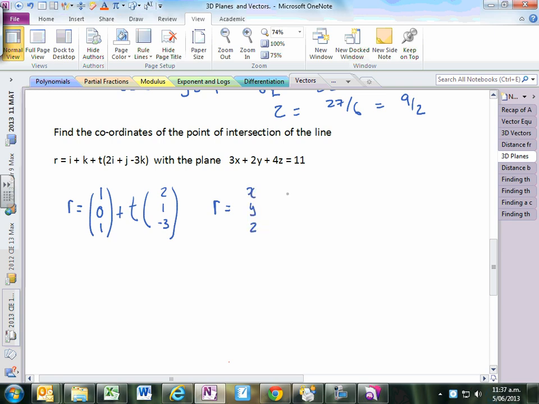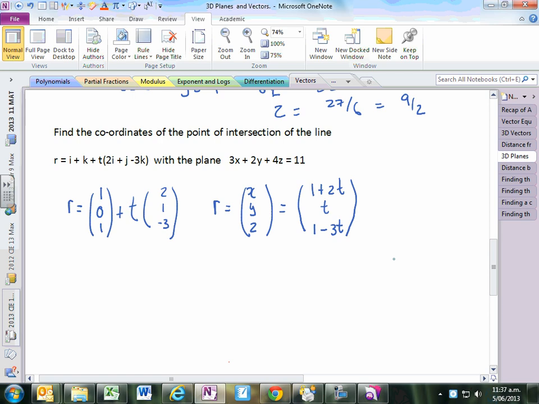The x value can be written as 1 plus 2t, the y value can be written as t, and the z value can be written as 1 minus 3t. So we're expressing any point on that line in terms of our parameter t.